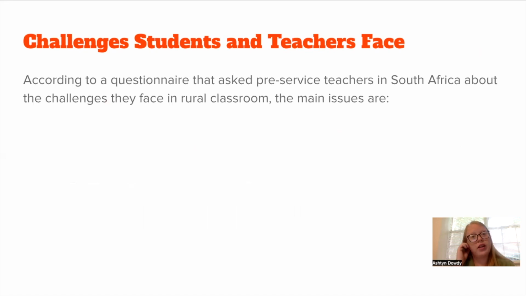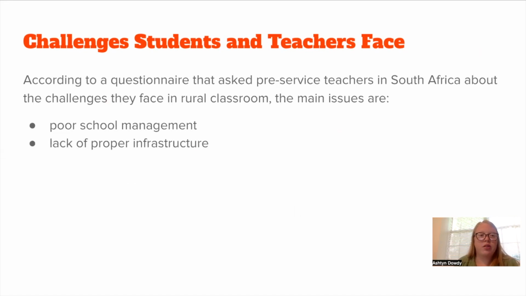But if you look at a lot of these challenges, in this study, pre-service teachers were asked what challenges they face. A lot of these challenges are things that we face here, even in the state of Georgia. Poor school management, lack of proper infrastructure. That's a big one. And infrastructure doesn't necessarily mean the school itself, but maybe where the students are coming from and living. There may not be Wi-Fi available.